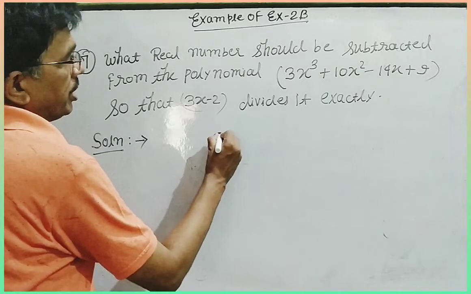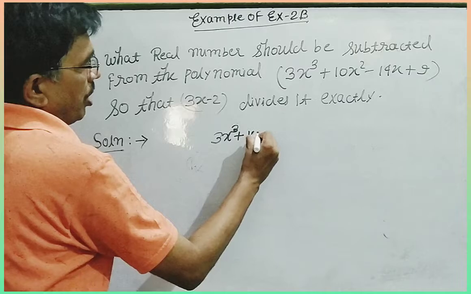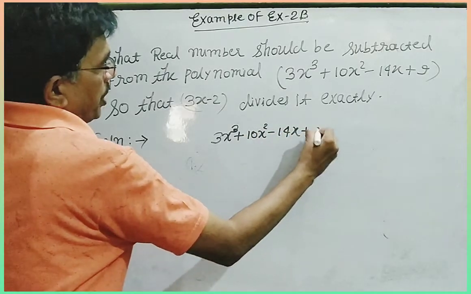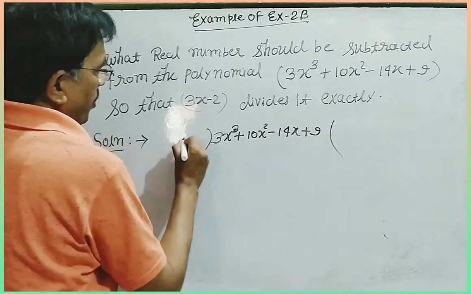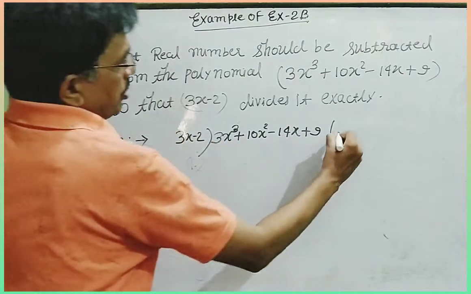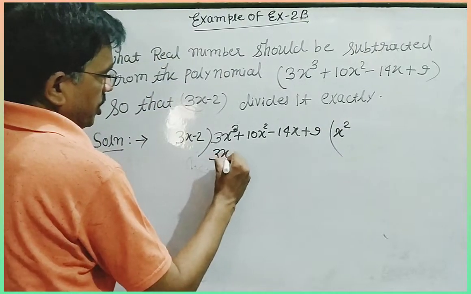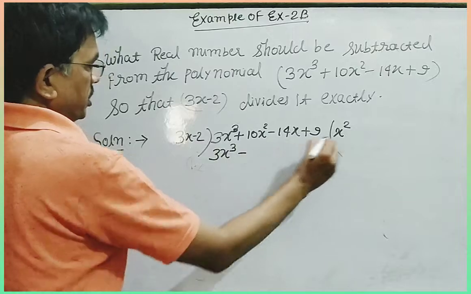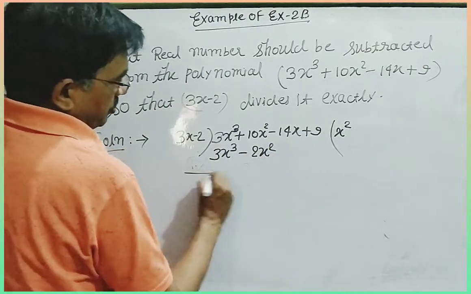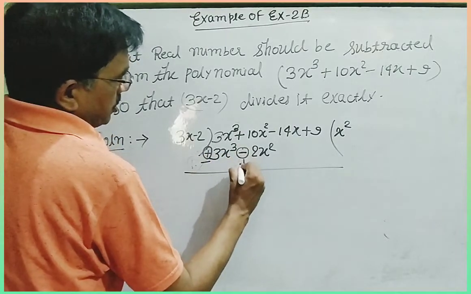So you write here 3x cube plus 10x square minus 14x plus 9 divided by 3x minus 2. Here is 3x cube, so multiply by x square. Then you get 3x cube minus 2x square. Subtract: plus then minus, minus plus.